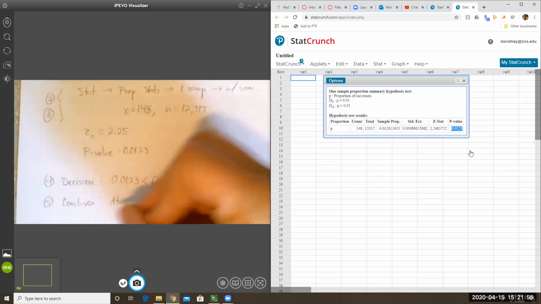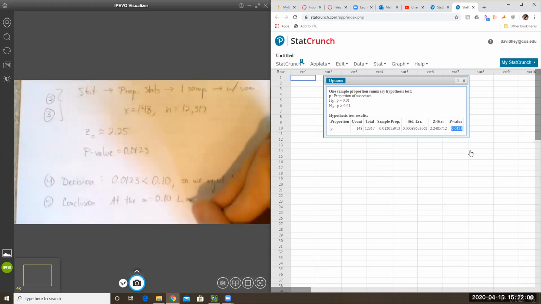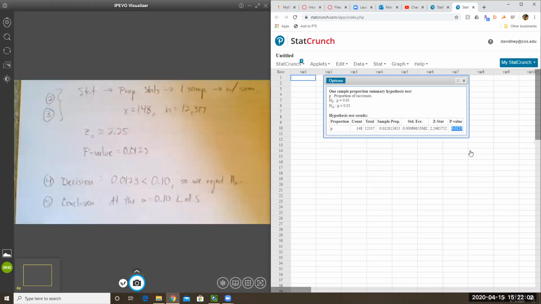So at the alpha equals 0.10 level of significance. I'm just going to abbreviate level of significance.